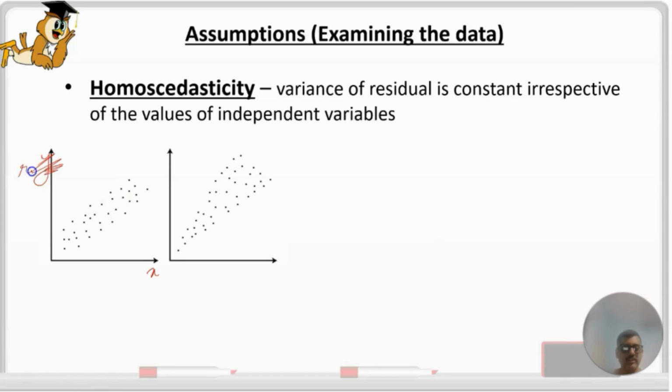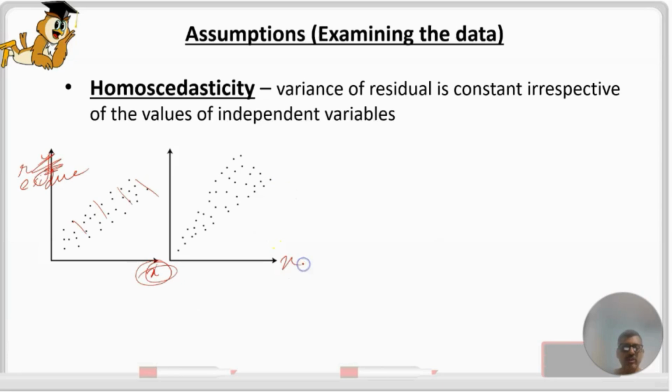This is the residues. Sorry about this error. These are the residues, and as you can see, the variance of these residues remains the same irrespective of the value of x, irrespective of the value of the independent variable.